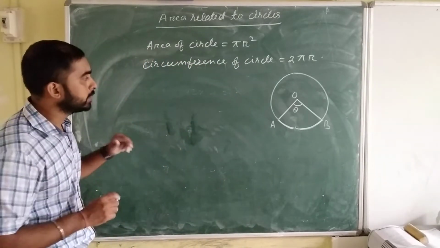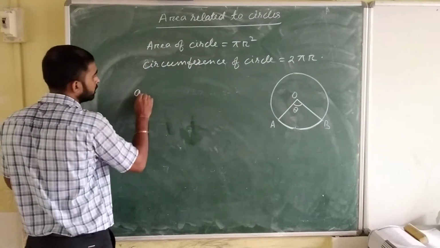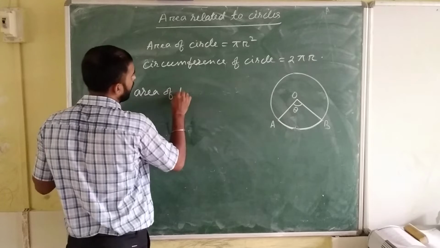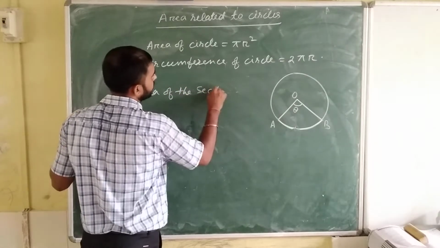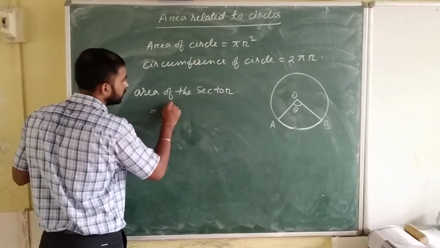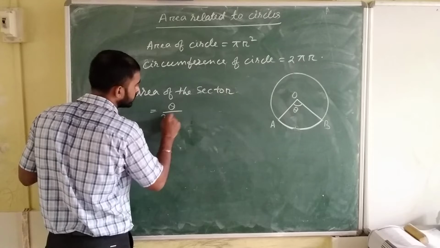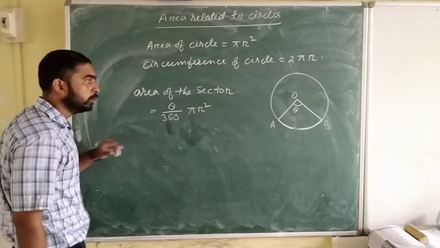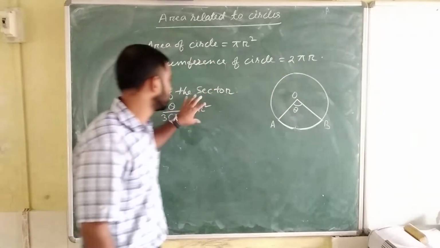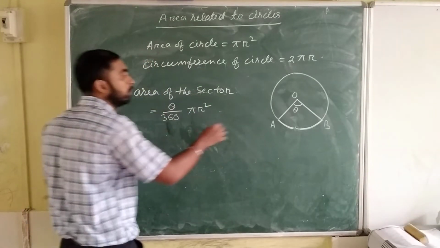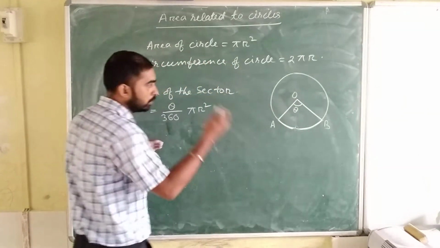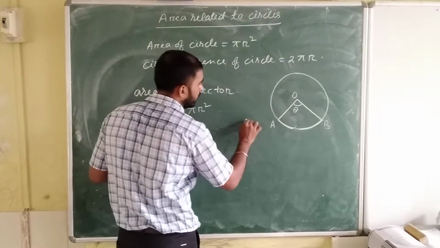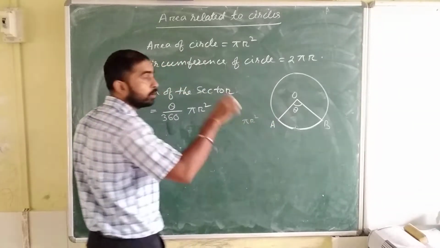Then what is the area of the sector? Area of the sector equals theta by 360 into pi r square. We know that area of the circle is pi r square, because we consider the whole circle.